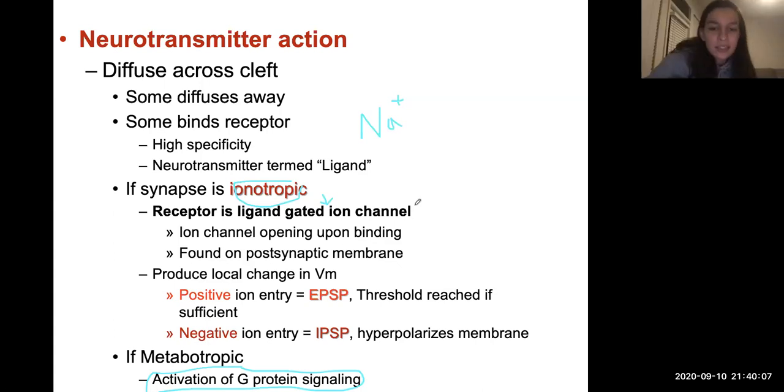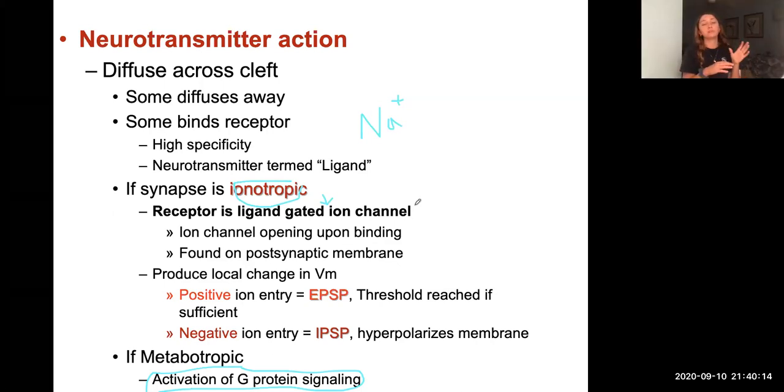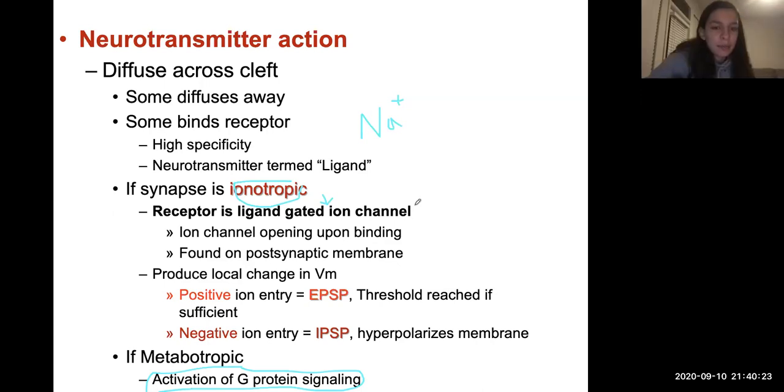Wait, so this is not happening in the synaptic cleft, or it is? So the neurotransmitters diffuse across the cleft. They connect to the dendrites, I'm guessing. I don't actually know, but I know that they have a thing if the synapse is ionotropic. Yes, so you're correct.